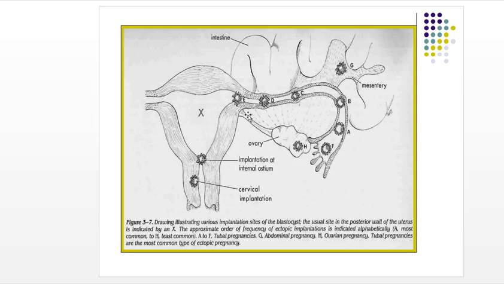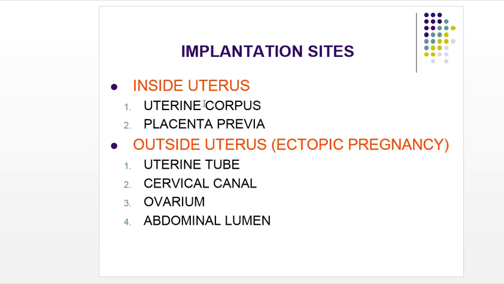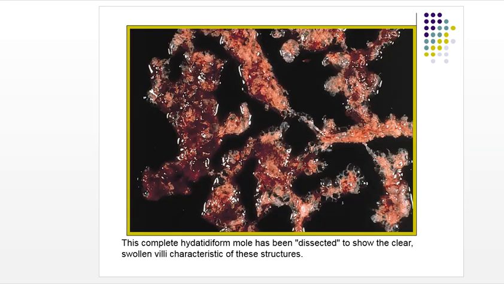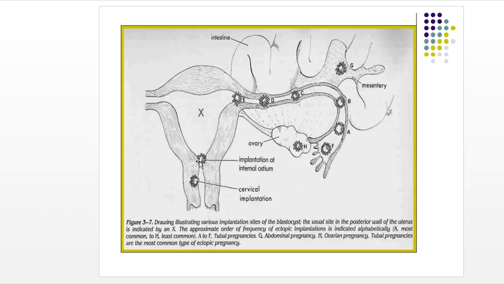But it may be implanted inside the uterus in an abnormal position, or outside of the uterus. It may be implanted in the internal opening of the cervix, and as a result of this kind of implantation, a kind of placenta named placenta previa is formed.